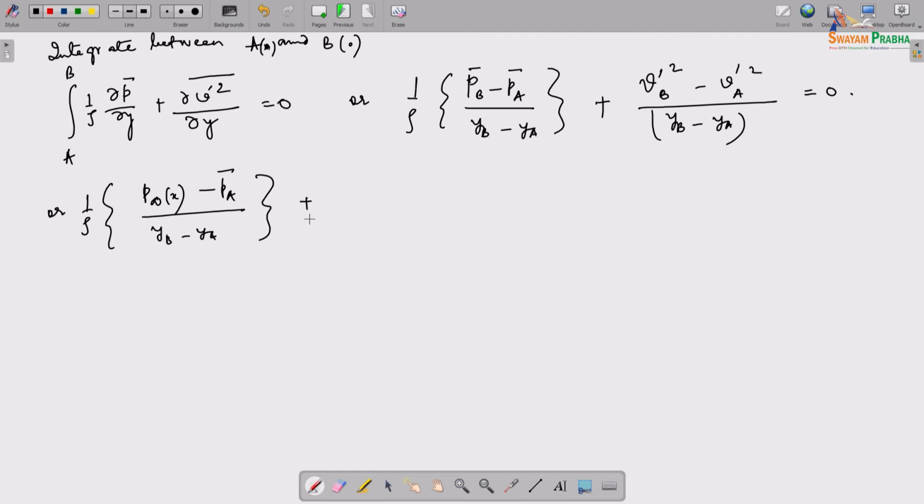Now this point B is far away from the jet, so here the turbulence is negligible or almost zero. Therefore V dash, which is the fluctuating part of the component of velocity, is going to be zero.